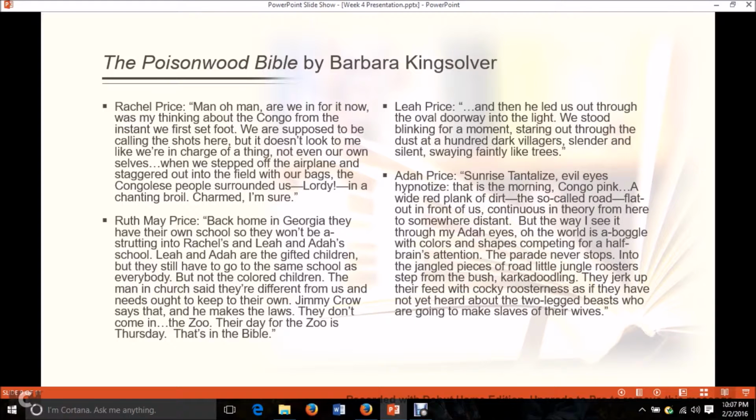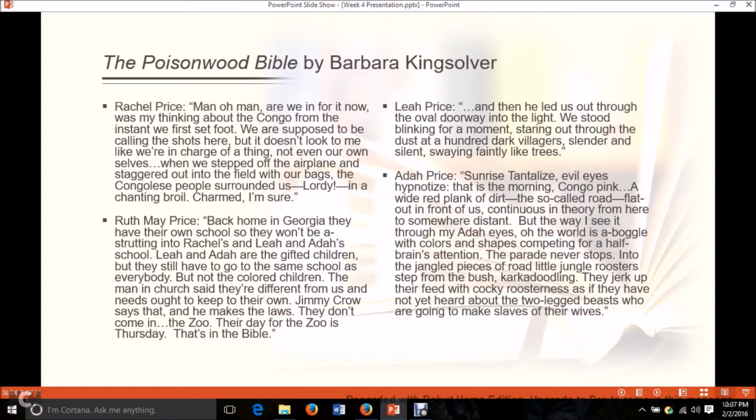We have twins in the middle, Leah and Ada, and then we have the youngest, Ruth May. It's very interesting because the chapters rotate, and we see different perspectives from each voice. I think it's neat that each style associated with a character is very different, so we get to know their personalities through diction and word choice and the descriptions that are there, and I think it's interesting to take a look at.